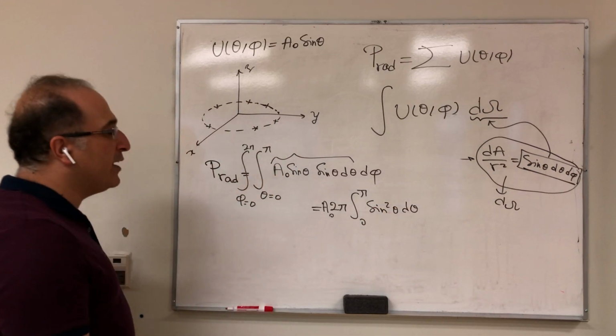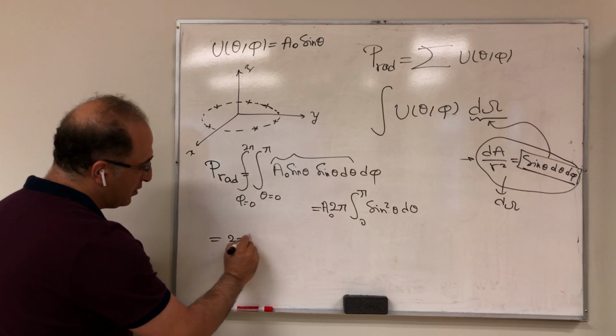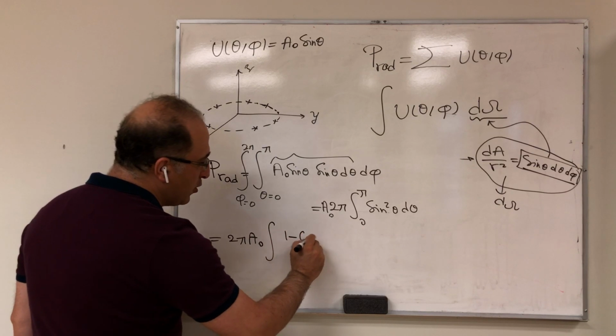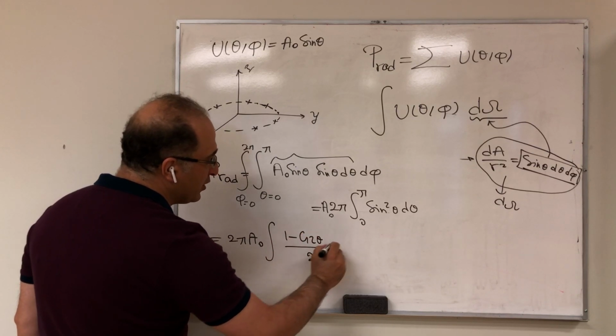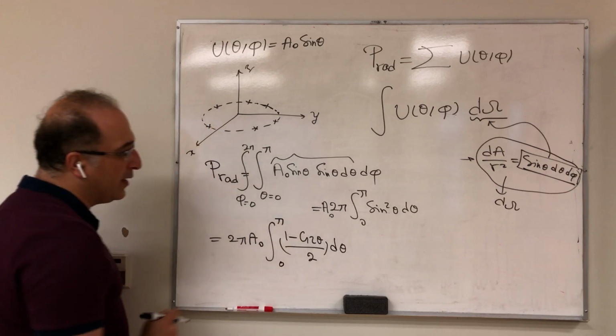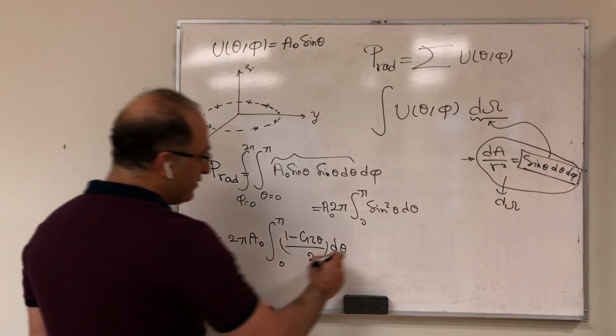So that would be my integrand, and if you substitute sine squared theta with (1 minus cos 2 theta) divided by 2, d theta from 0 to pi, then you can easily perform your integration.